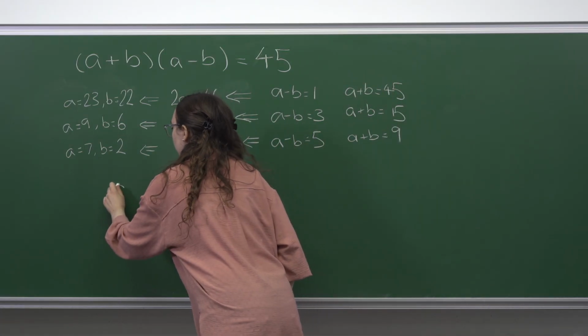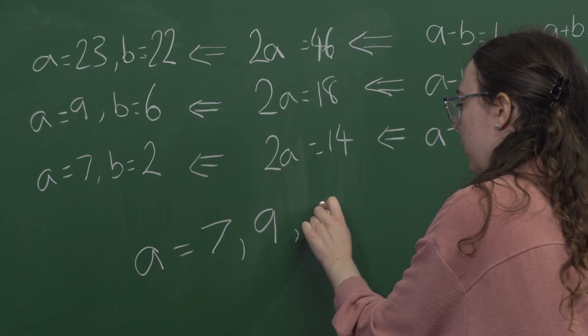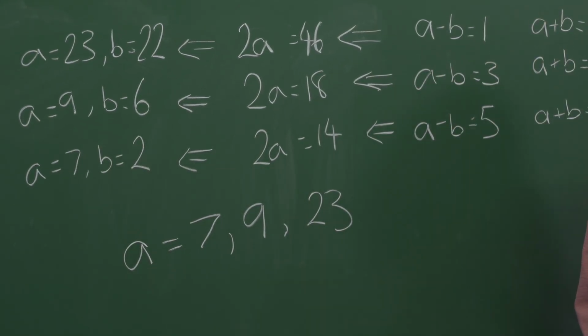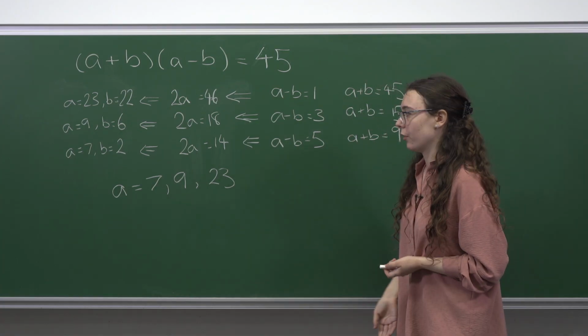So this gives us the solution that a is 7, 9, or 23. And so we have 3 possible values of a, and the smallest is 7.